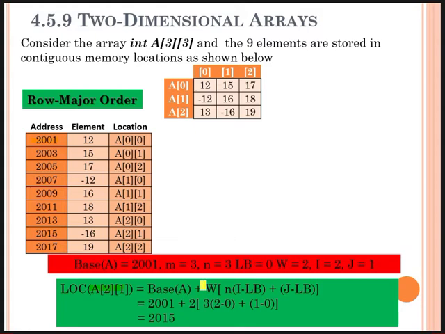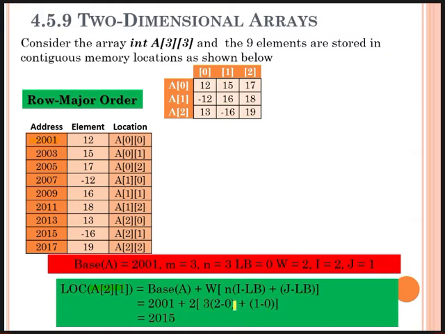So the formula is base of A plus W into n into (I minus LB) plus (j minus LB). The base address is 201, width is 2, n value is 3, I is 2 minus LB which is 0, plus j is 1 minus 0.